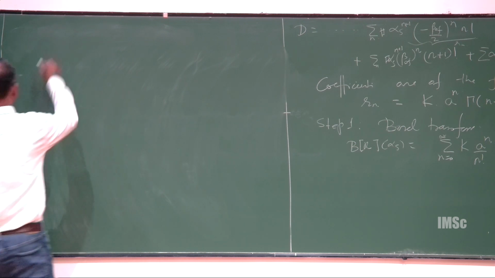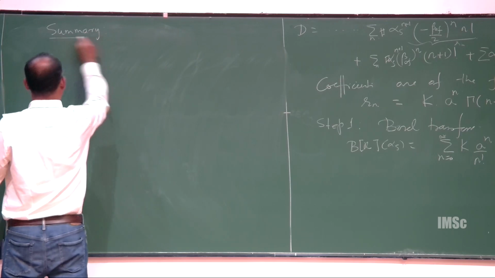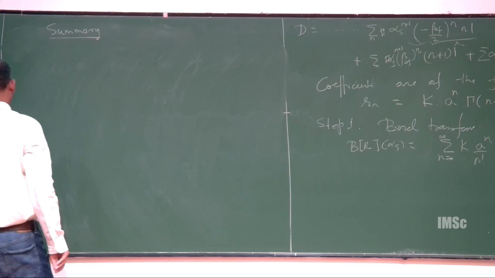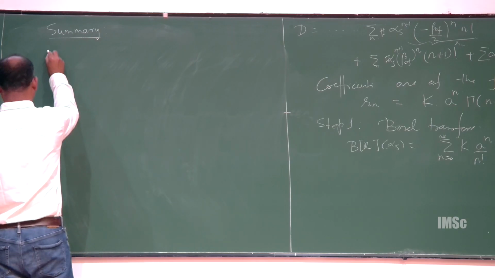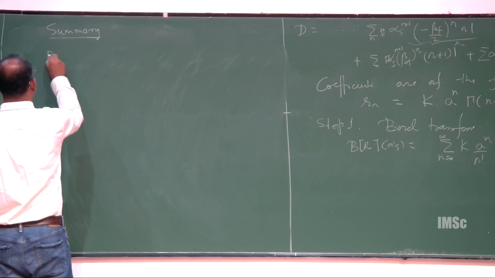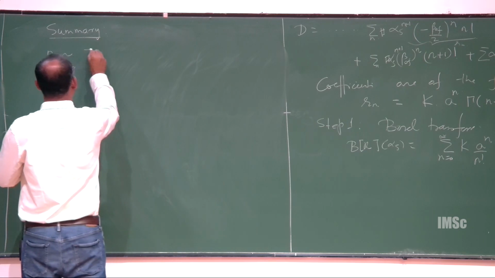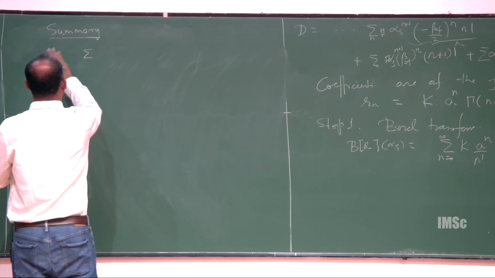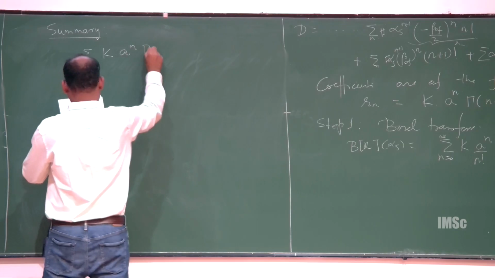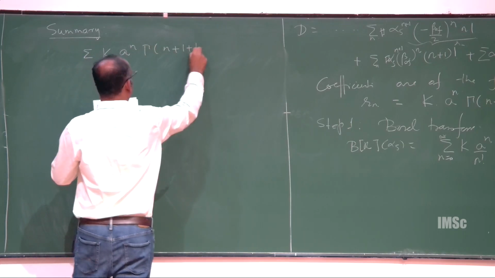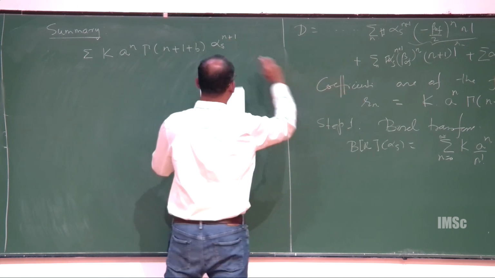So maybe I'll summarize because I have said many things. We have seen that D, which I am calling in general R now because it is not specific to just D, is a series of this form. That is the kind of series we encountered here.